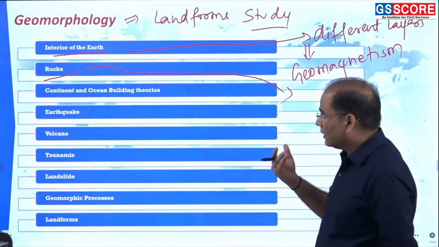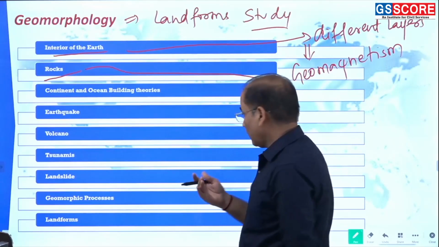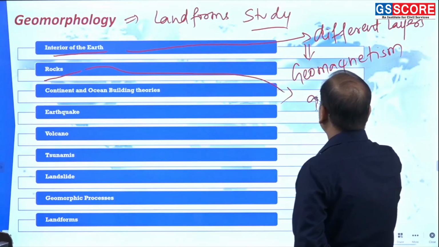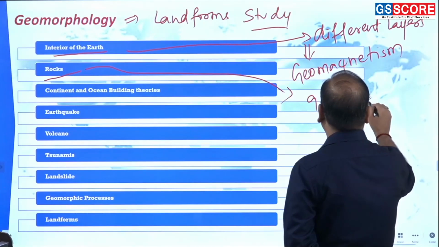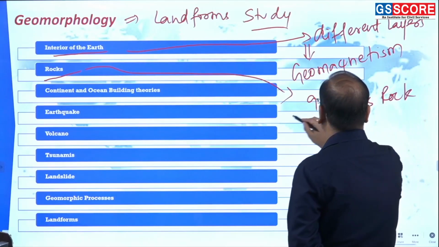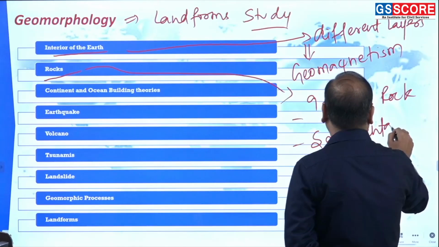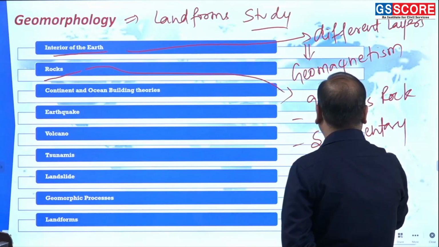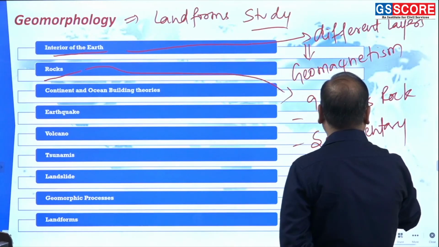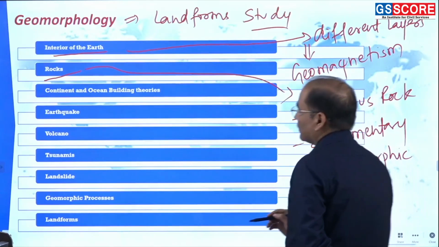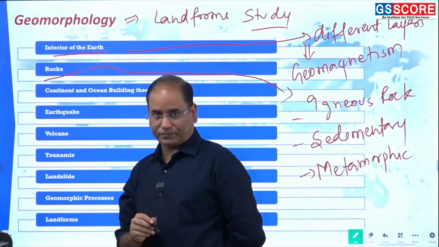Depending upon all these, there are different types of rock. There are three types of rock that you are supposed to study: igneous rock, sedimentary rock, and metamorphic rock. These also need to be studied under the topic of rocks.